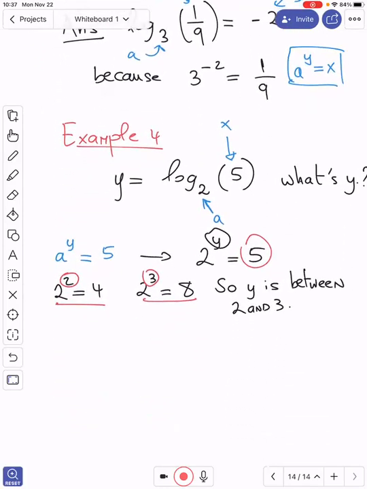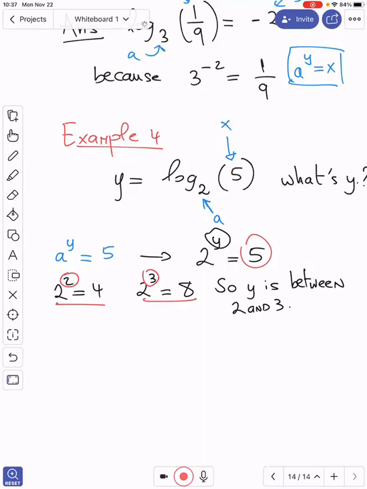So log of a number doesn't have to be a whole number. It can be a fraction, it can be a decimal. So, of course, how do we compute such y?